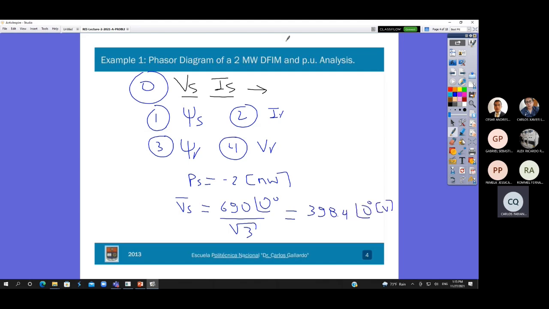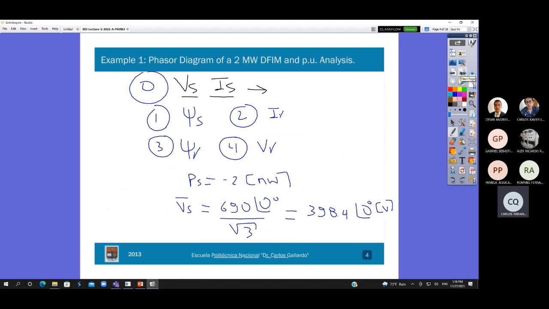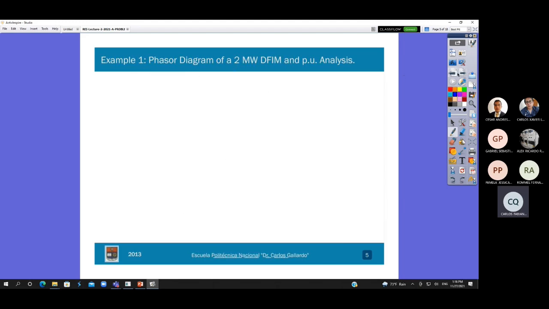Do you remember, in order to plot the phasor diagram, the stator voltage is always the reference for all modes of operation. According to the methodology, normally this is data and this is data. So I now have the stator volts.